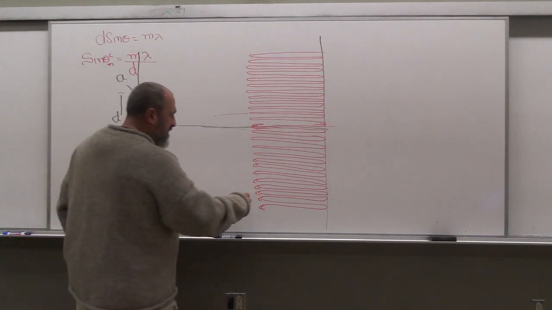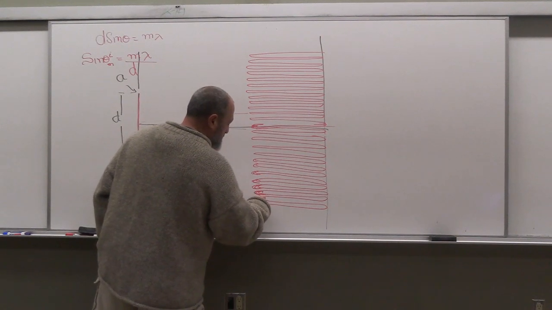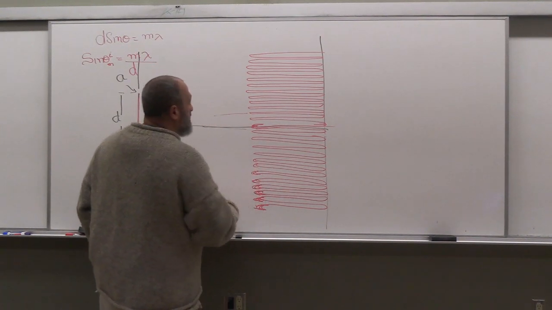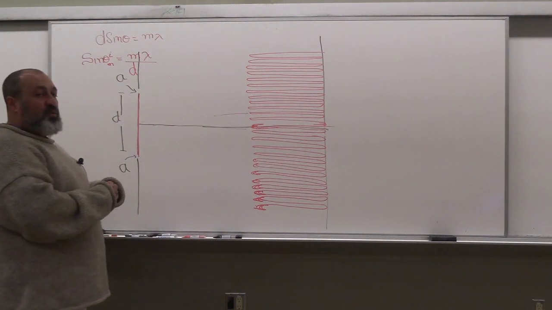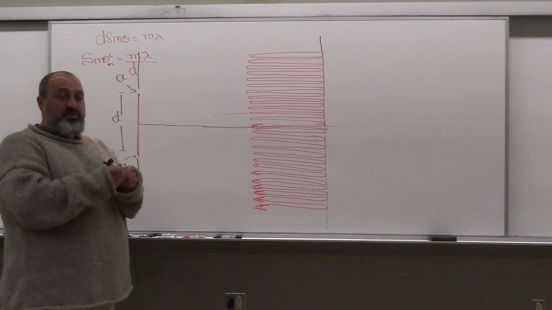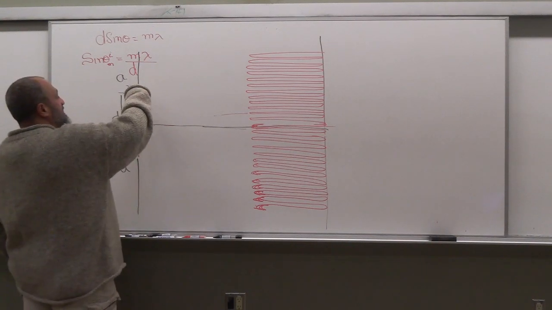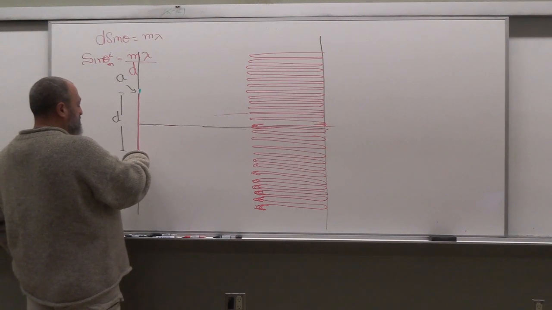What happens now when you consider the slit width contribution? I'm going to paint the slit width in green, to show this different color scheme.